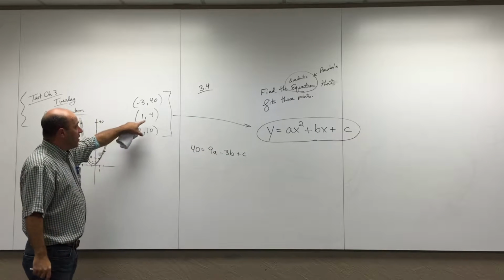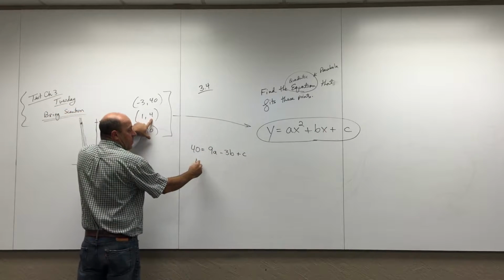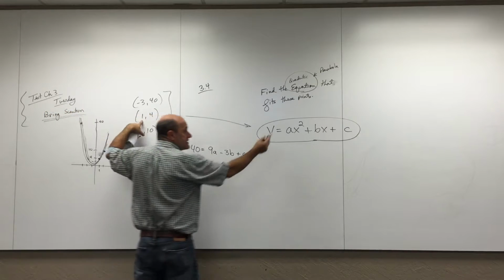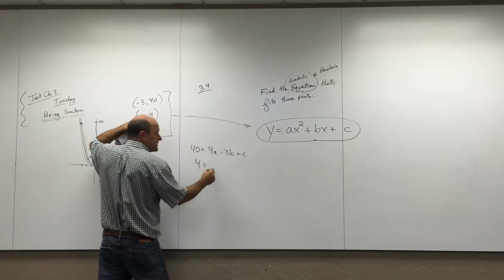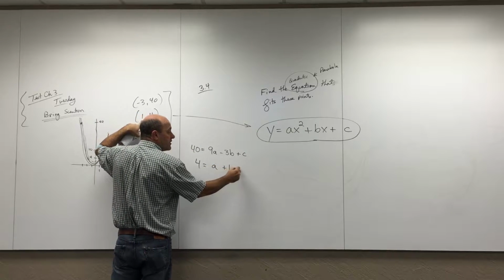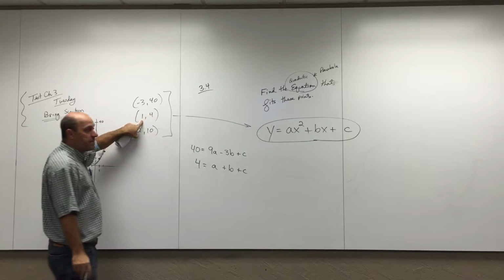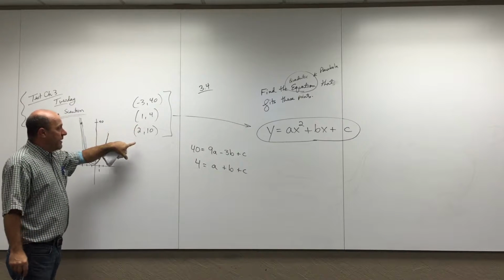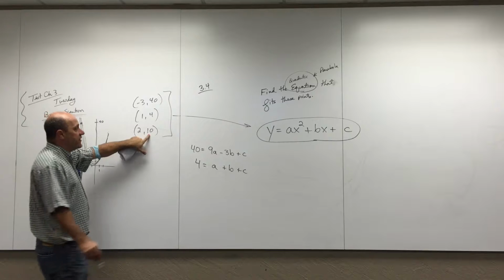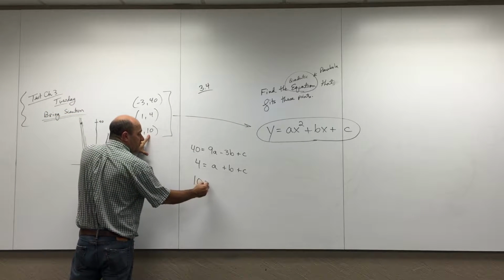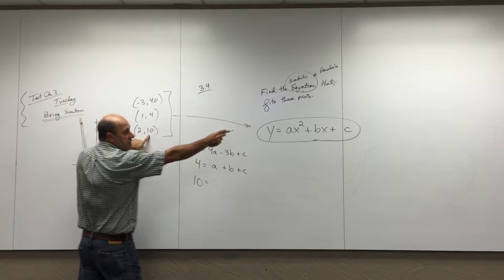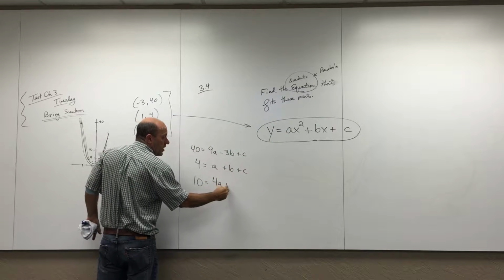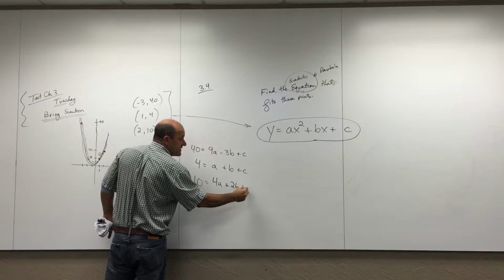Now I'm going to plug in a 4 for y and a 1 for x. It's nice to plug in a 1 for x. That's easy. You just get a plus b plus c. All right, now I plug in a 2 for x, and the y value is 10. That gives me 4a, because it's squared, plus 2b, plus c.